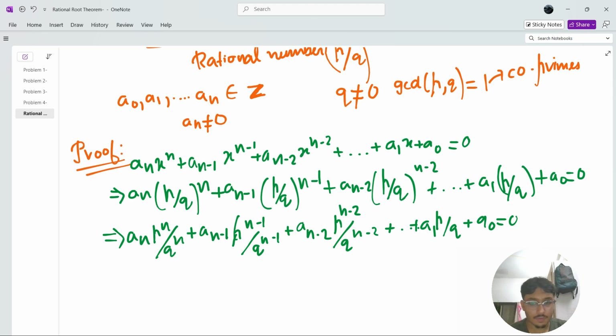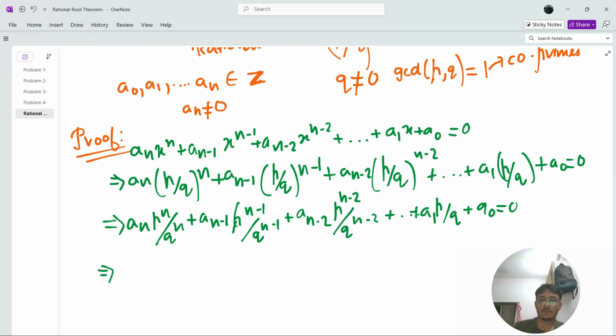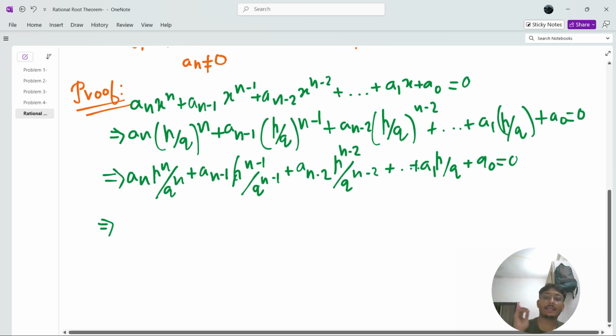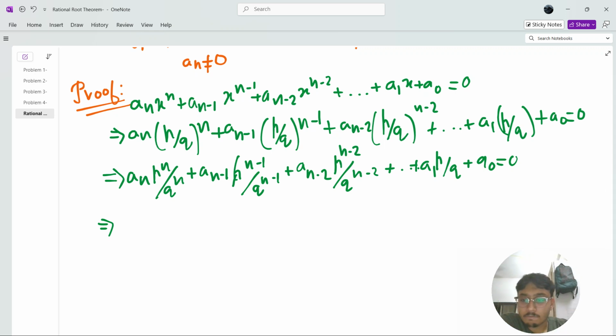My next step would be to multiply q to the power n to all the terms. Basically, a_n into p to the power n plus a_(n-1) into p to the power n minus 1.